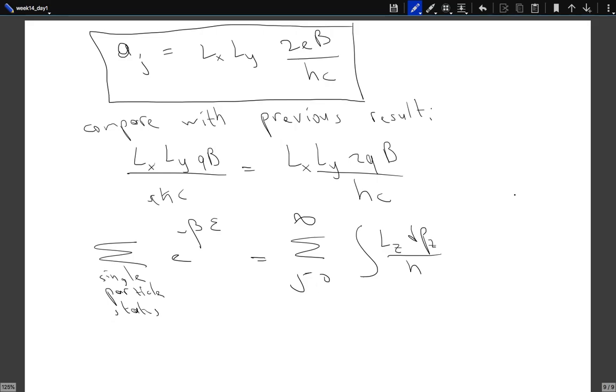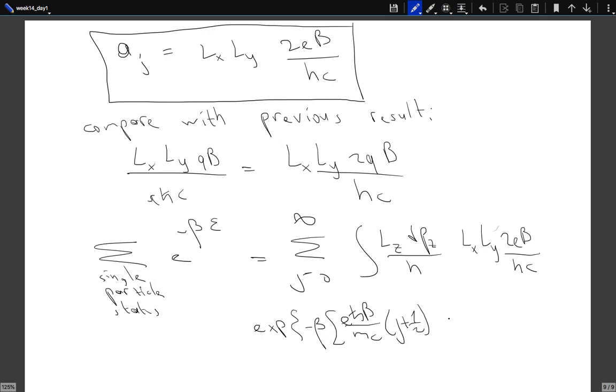For a given j, my degeneracy is Lx Ly 2eB over hc, and then I have the exponential of minus beta times e h bar B over mc times j plus 1/2 plus pz squared over 2m. Now I know how to make those sums, and once I do, I can calculate whatever partition function I'm interested in, and then I will be done.